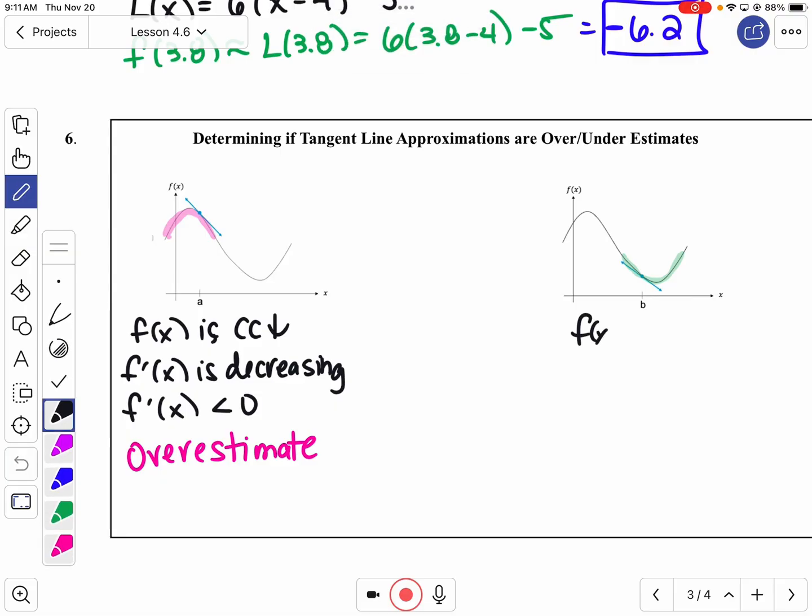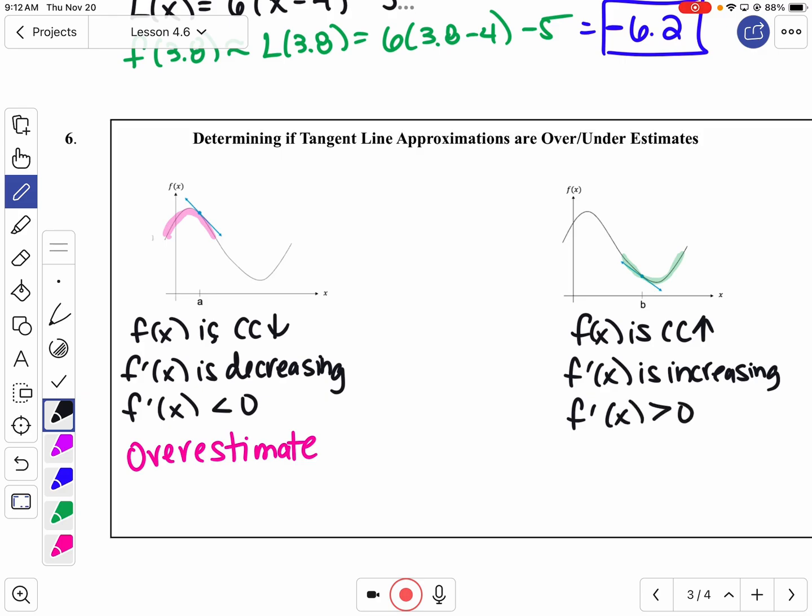When f of x is concave up, it means our derivative is increasing, which means our derivative is positive, and we're going to get an underestimate. I remember that just by looking at the picture. Where would the tangent line fall, above or below? If I know the concavity, it'll tell me which way it's going.